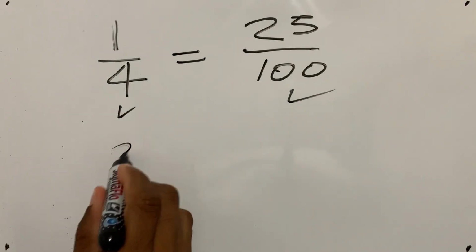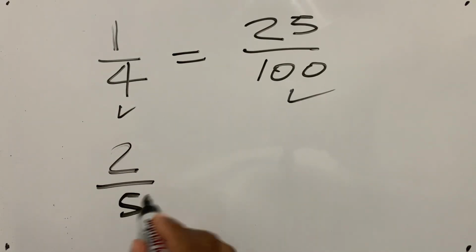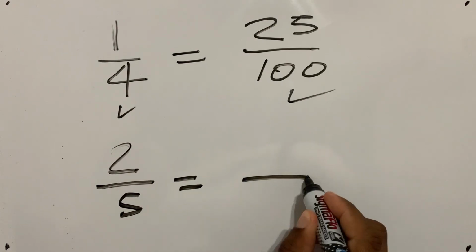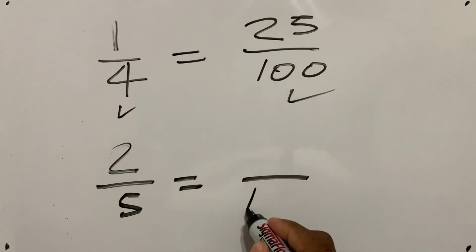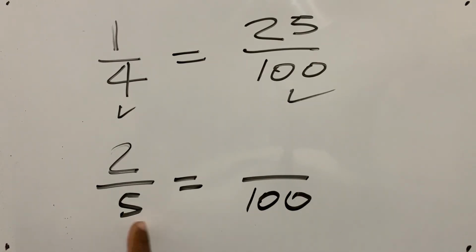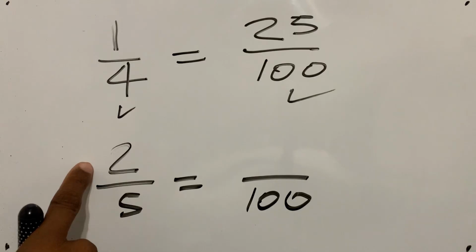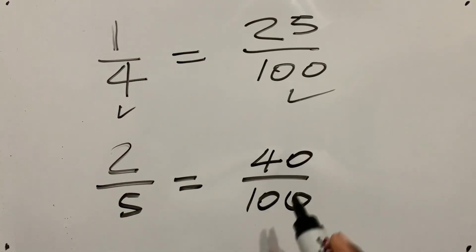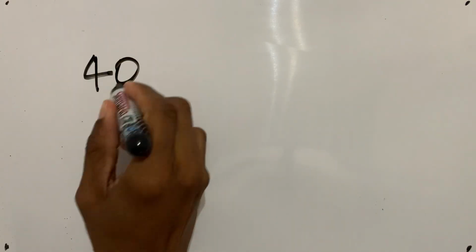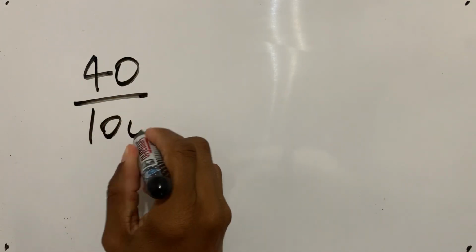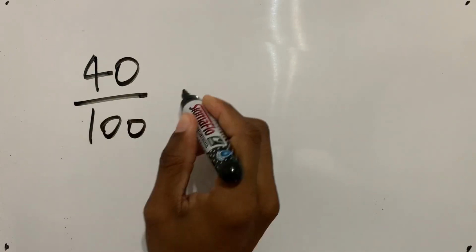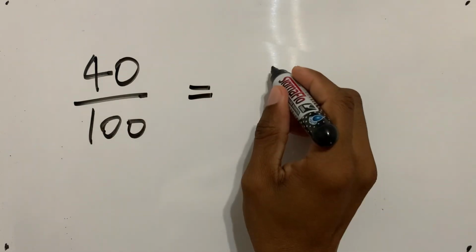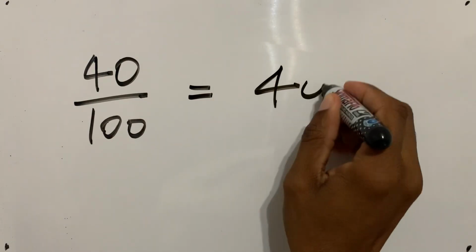If we have 2 over 5, to get this to be 100, we multiply 5 times 20. So 20 times 2 is the same thing as 40. We just had 40 over 100, right? And this is the same thing as saying 40%.